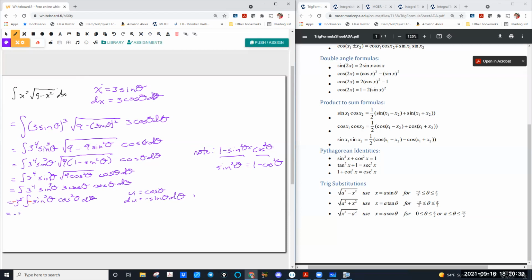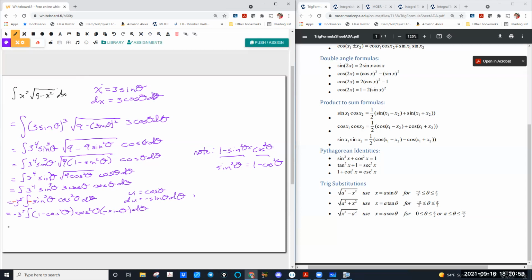So we have minus 3 to the 5th. This is going to be 1 minus cosine squared theta, times cosine squared theta. And then here at the end, we have the negative sine theta d theta.